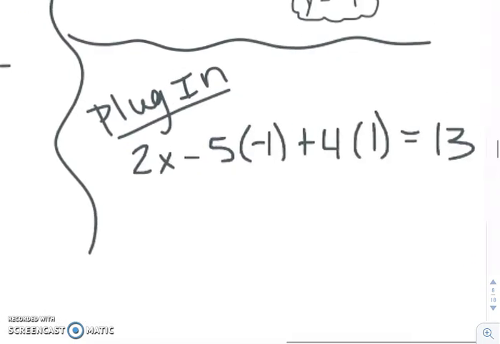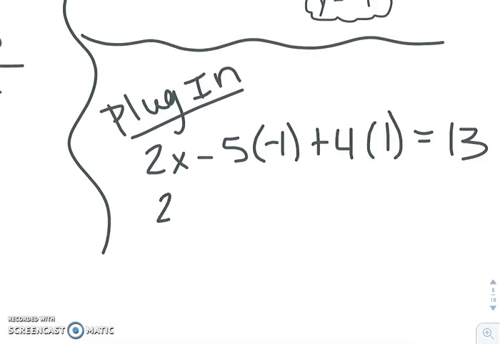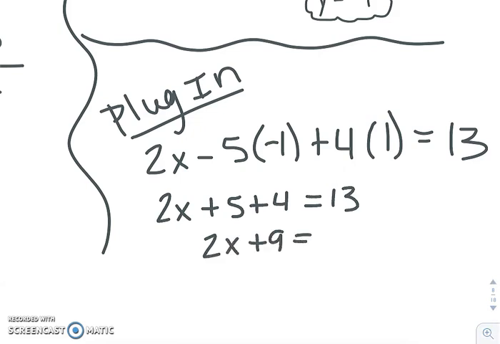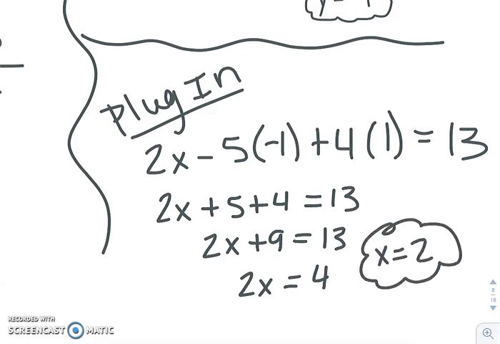And then you guys just solve. So 2x plus 5 plus 4 equals 13. So 2x plus 9 equals 13. You guys will subtract that 9 over. Get 2x equals 4. So x equals 2 when you guys divide.